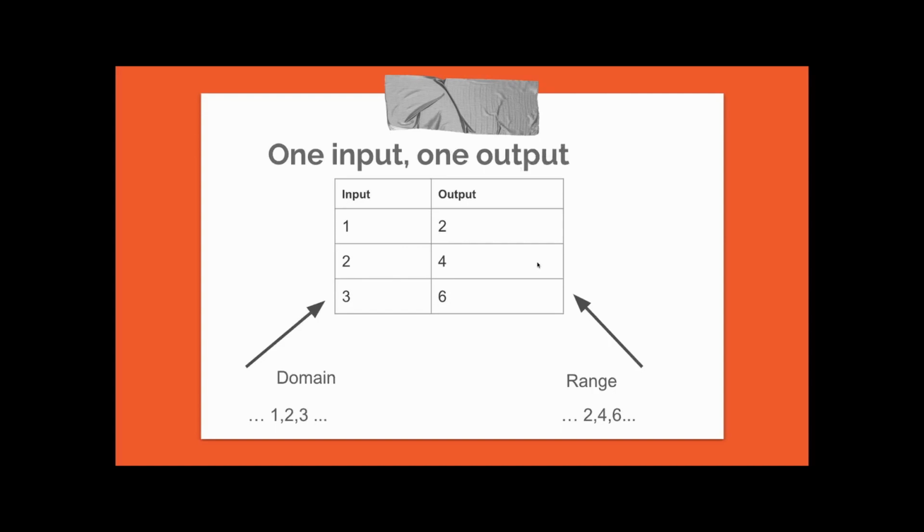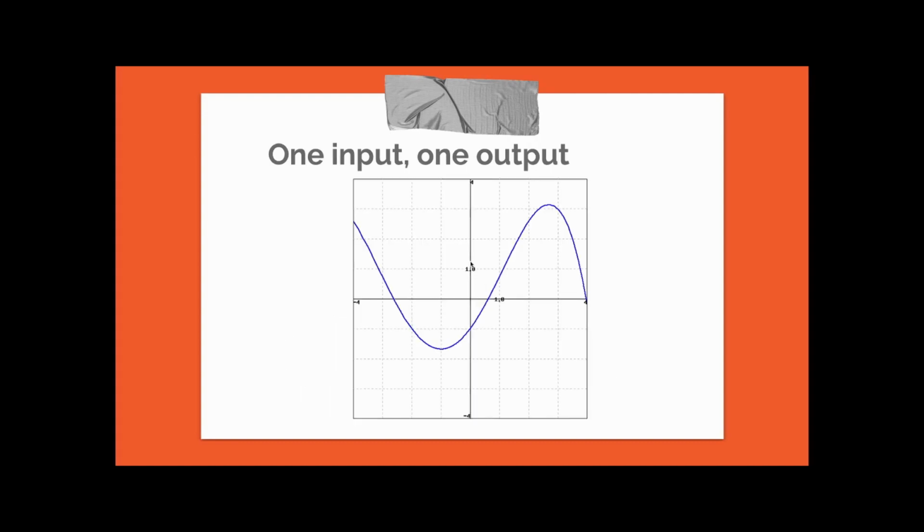We can display functions using different types of representations. We could use a simple table. As you can see, the inputs are in one column and the outputs are in another column. This is one way. We could also use plots for representing functions.